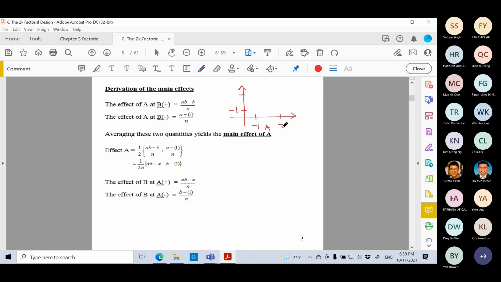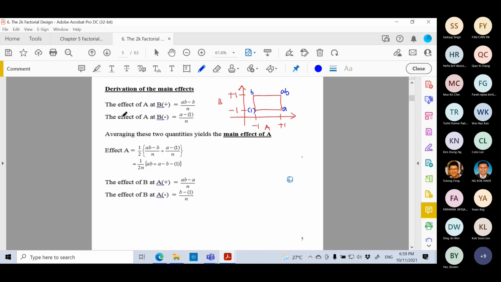Whether you want to put plus minus 1, also can, or you use minus and plus, also can. Okay, this one is for factor B. So this thing, the notation is 1. This one at the high level of factor A is A. This one is the high level of factor B, I use the notation B. This one is AB.